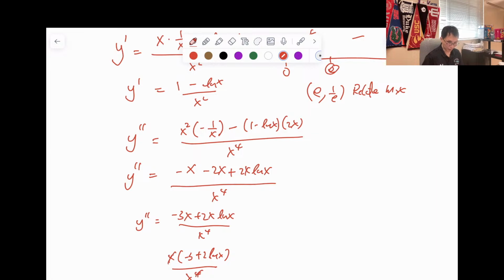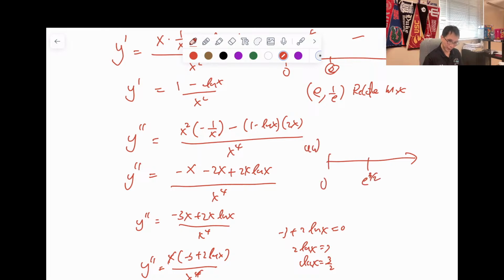If you get to this part, you are a genius. So negative 3 plus 2 ln of x equal to 0, 2 ln x equal to 3, ln of x is equal to 3 over 2. So then that's going to be e to the 3 over 2.